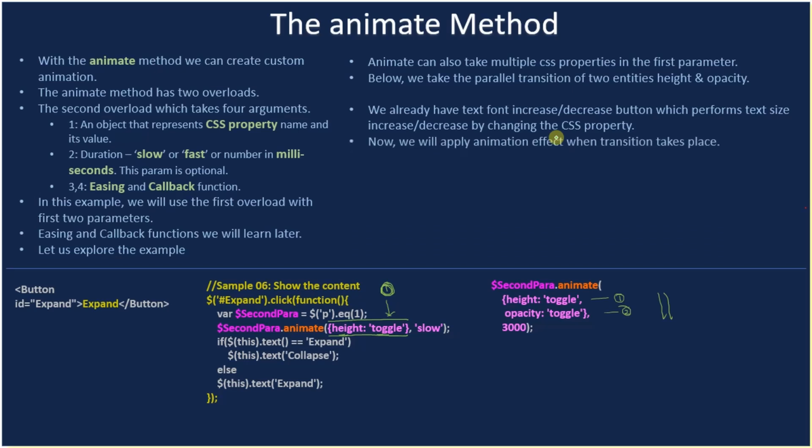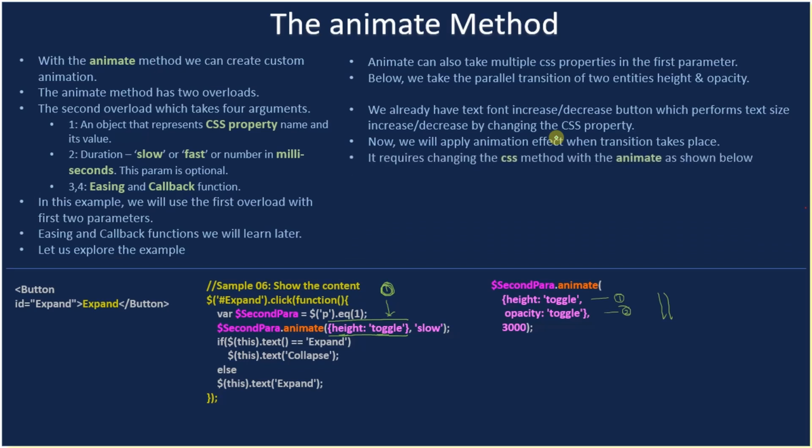Now we will apply an animation effect when such a transition takes place. Previously, when you click, say for example, the plus button, the transition takes place. That means the paragraph font size changes momentarily. Now we will replace the CSS method with the animate method, so that you can see the transition take place nicely in terms of animation.